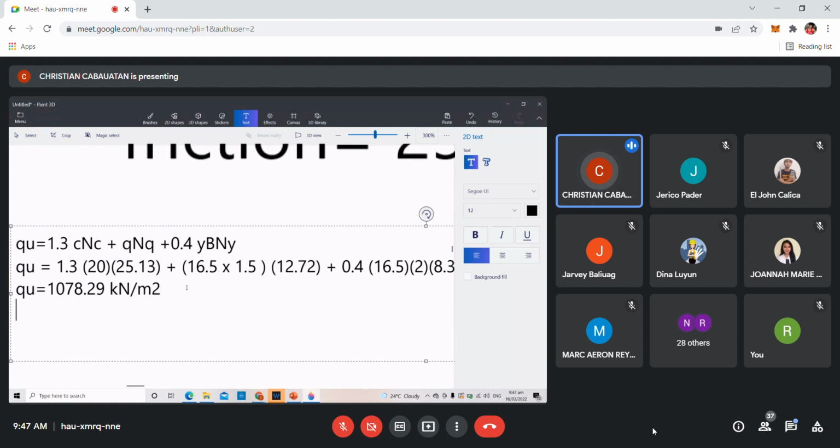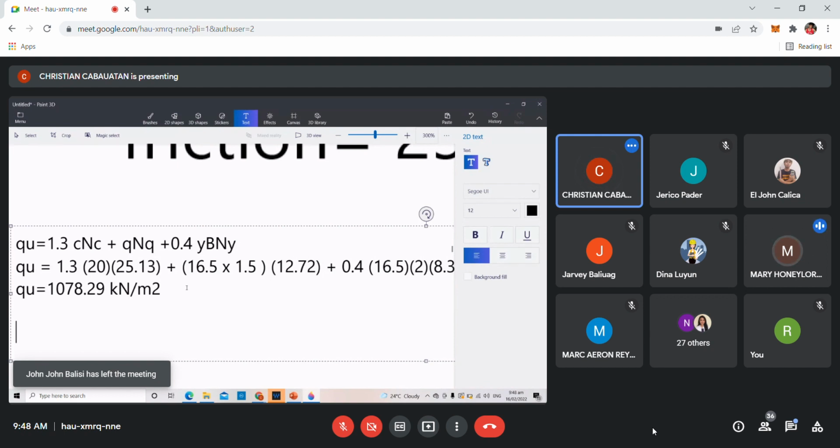So, ito na ba yung hinahanap natin? Yung 1078.29 kilonewton per meter square? Engineer Kabhawatan, yan na ba yung hinahanap natin? Hindi pa po, sir.